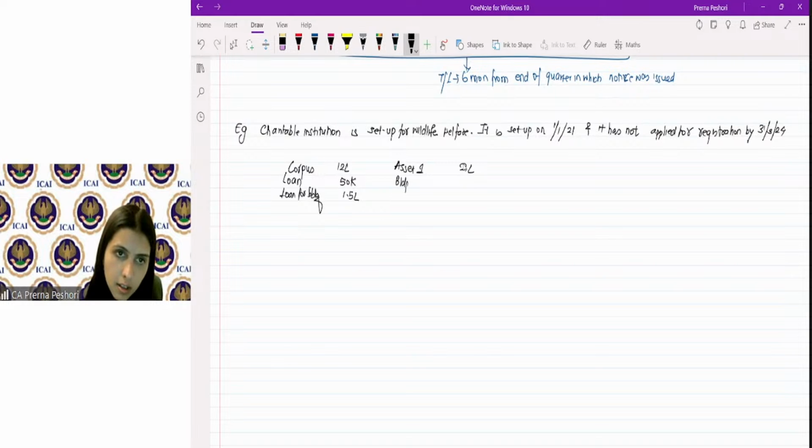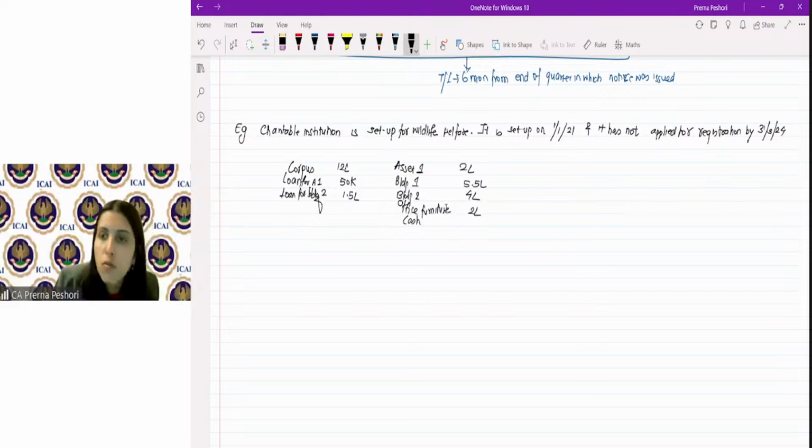Let's say it has building of rupees 5.5 lakh and another building for 4 lakh. Let's say this loan for building 2 and this is loan for asset 1. Okay. Let's say there is office furniture of rupees 2 lakh and let's say there is cash of rupees 50,000. Okay.